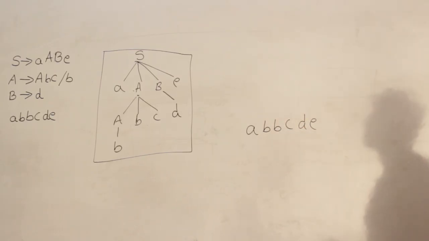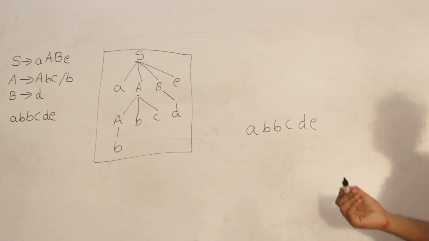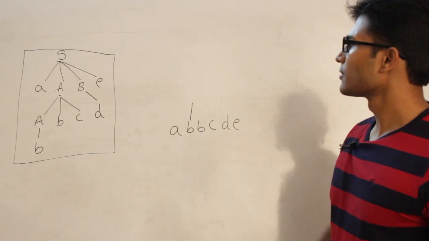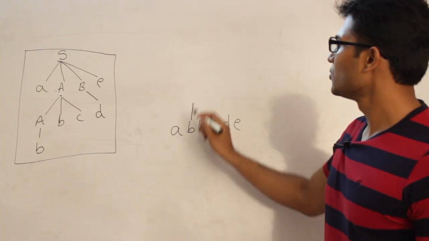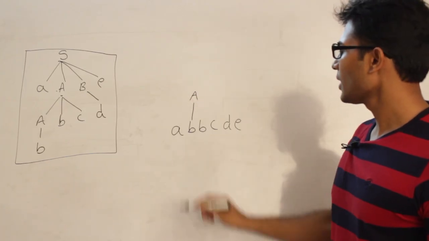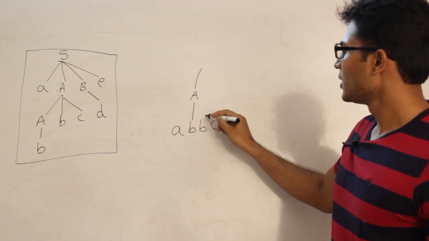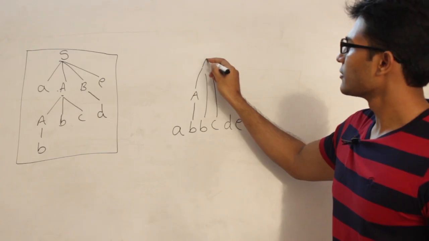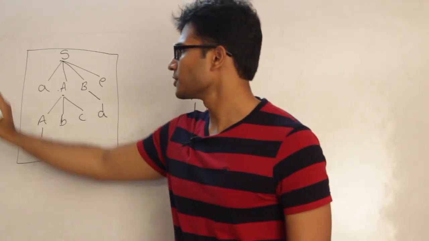So what are the terminals? A, B, B, C, D, right? Initially I am going to convert this B to A, and then I am going to convert A, B, C to A. See, this is the production I am using, right?